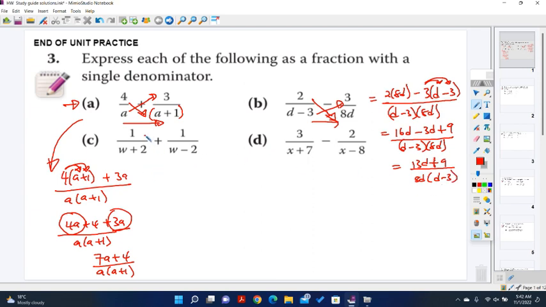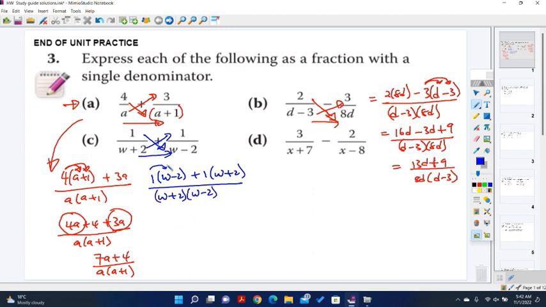Over to this one, let me do it in blue. Over to this one, crisscross. I have 1 open brackets, W minus 2 plus 1 open brackets, W plus 2, all divided by W plus 2, W minus 2.